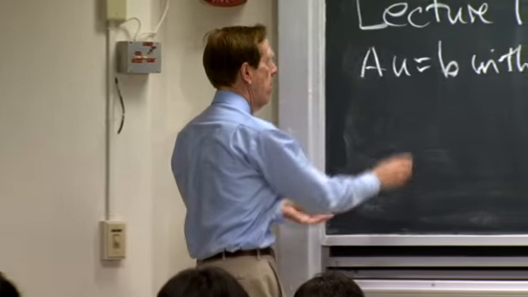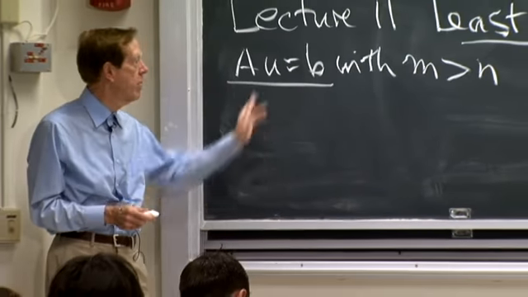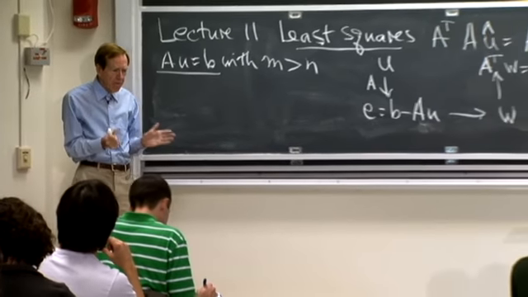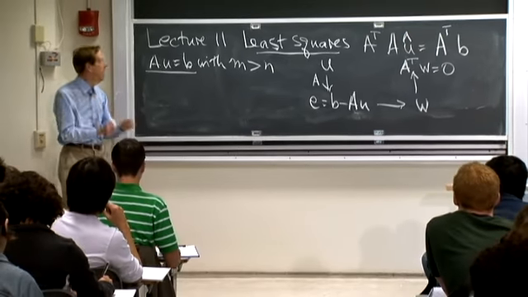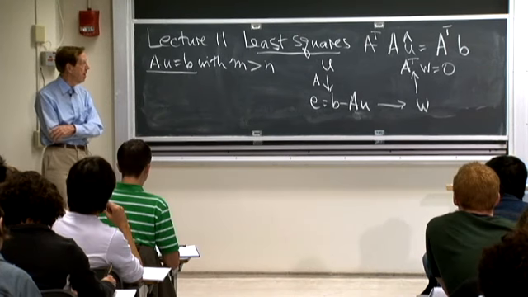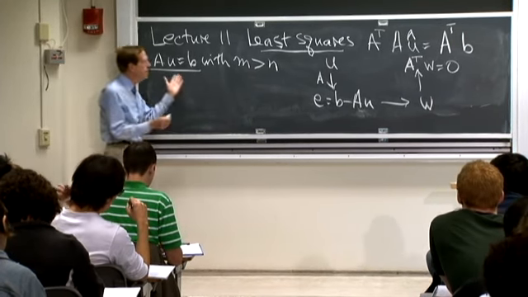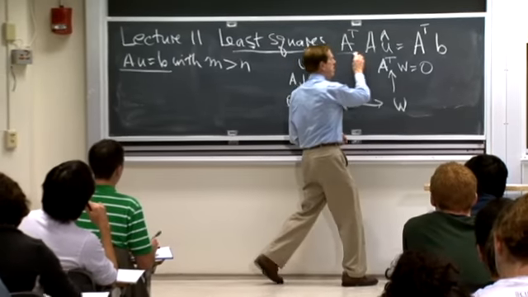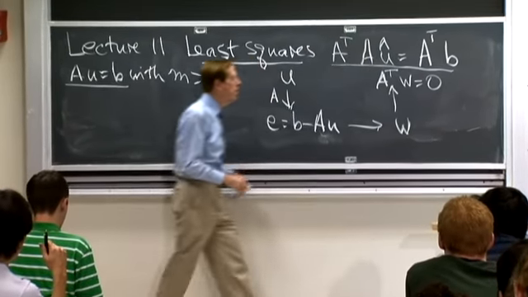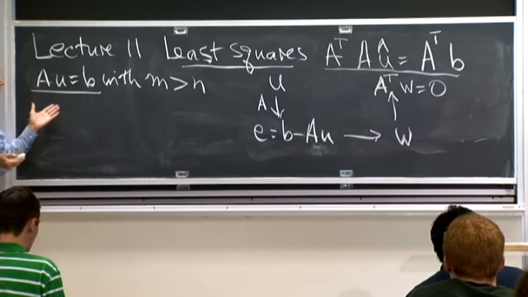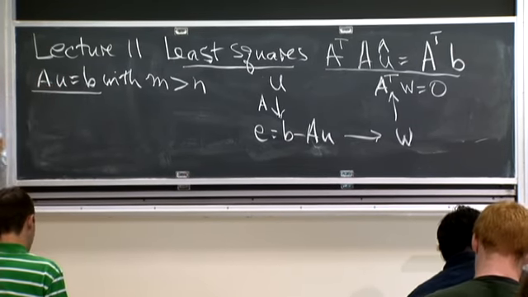So remember where we started last time. AU equal B. Last time I wrote F. I regret it terribly. I can't fix it, but it's B. I want B there to be the right-hand side. Okay. And I jumped to the equation that determines the best U. There's no exact U because we've got too many equations.